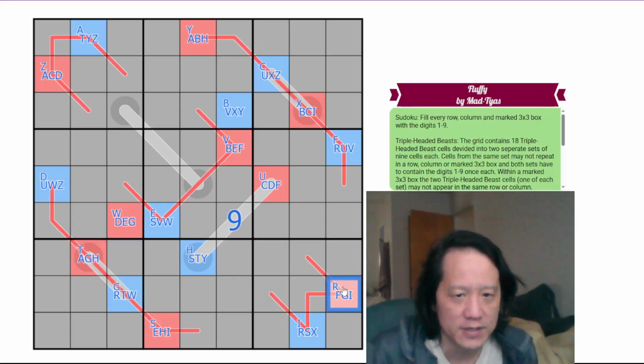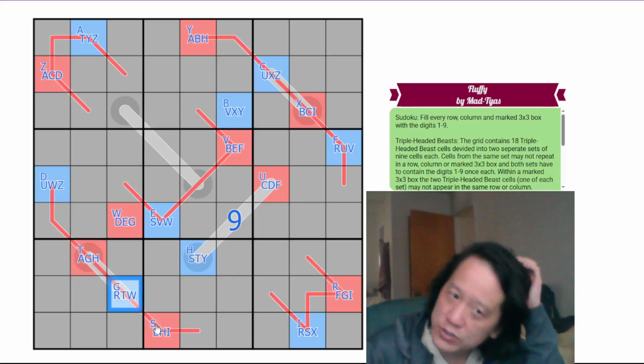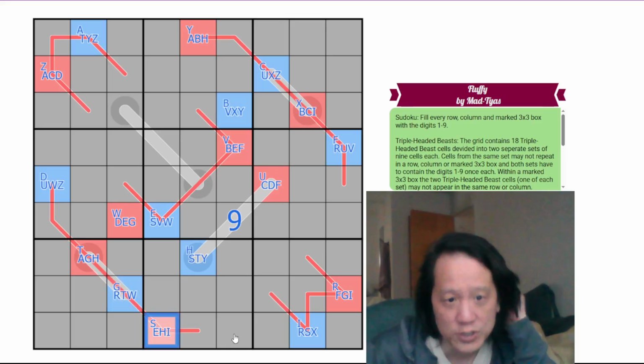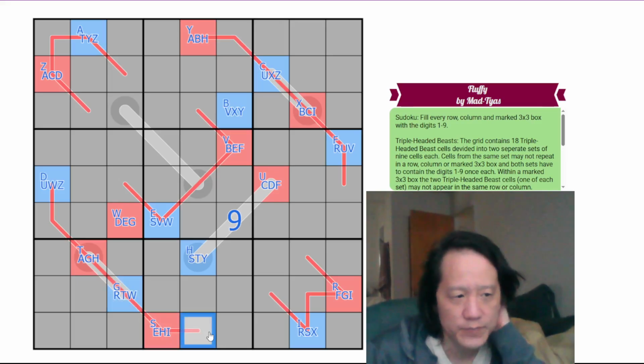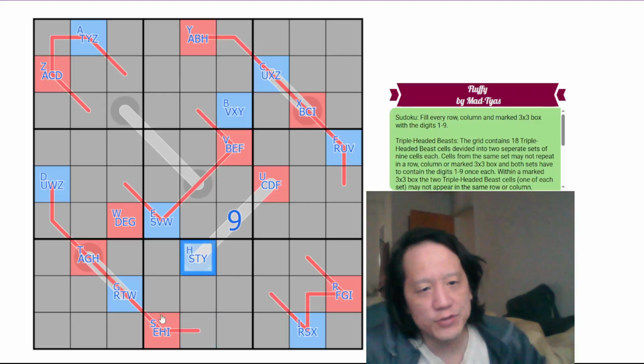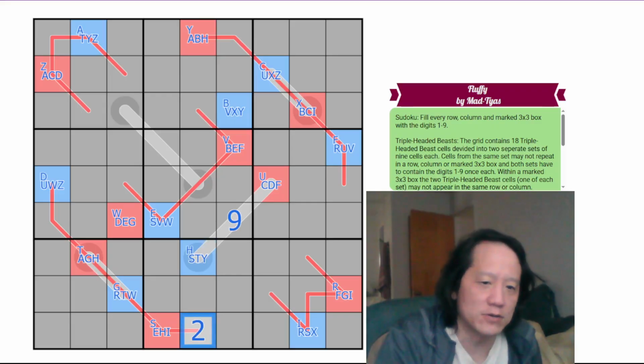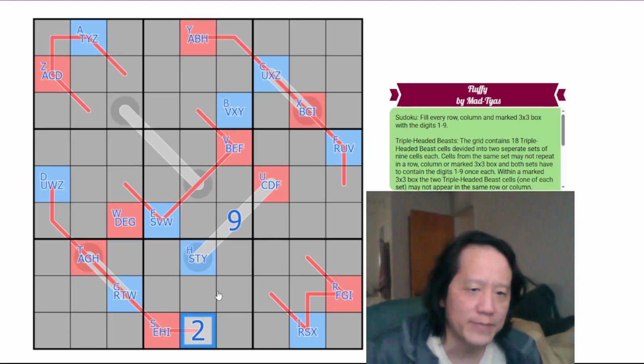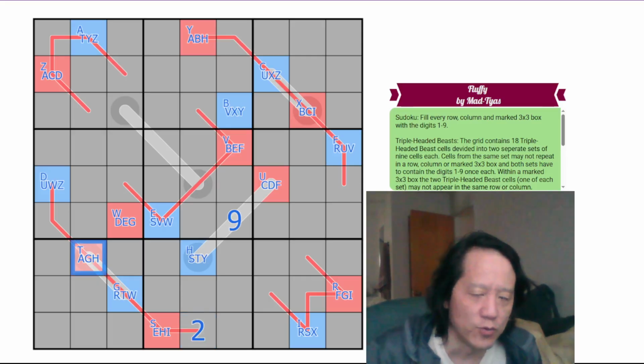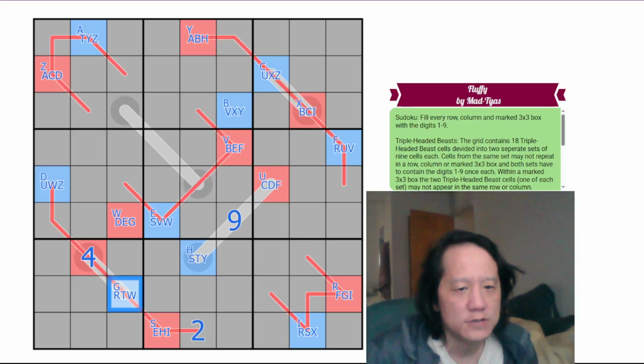So 5, 8, and 9. So this is at most 22, which means this is at most 13, which means this is at most 4. So if this is 1, 3, 4, this would be 2, guaranteed. But the problem is, this would be 4 again. 9 away from 2 is 11.